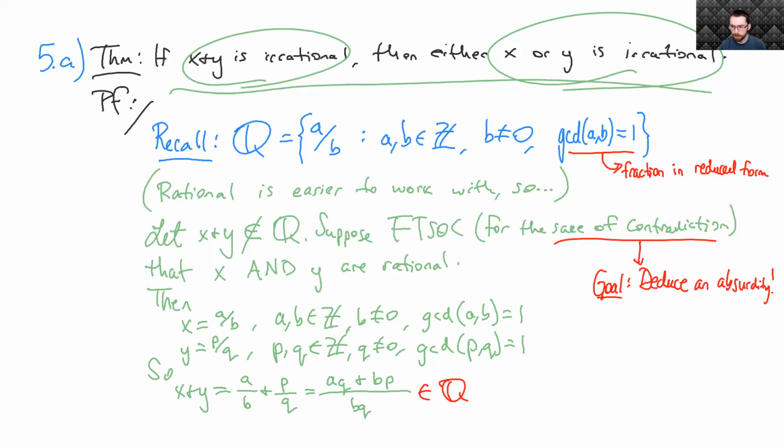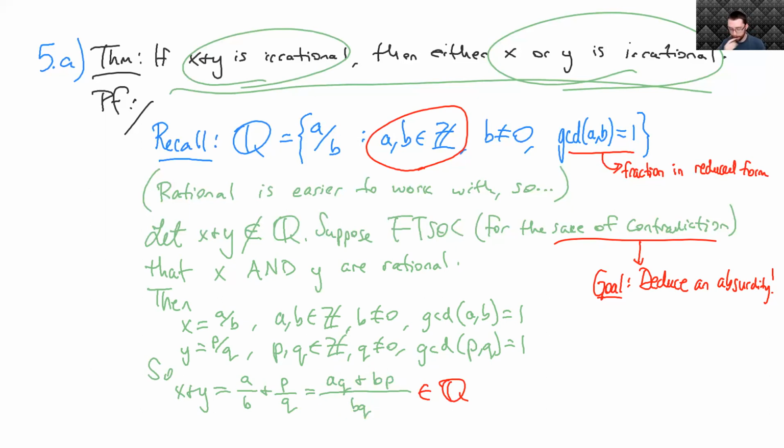How could I do that? Well, to be in Q, we have to satisfy three things. The numerator and denominator have to be integers, and you could successfully argue that. aq is an integer, bp is an integer, their sum must be an integer. Similarly, b times q is the product of two integers, so it must be an integer.